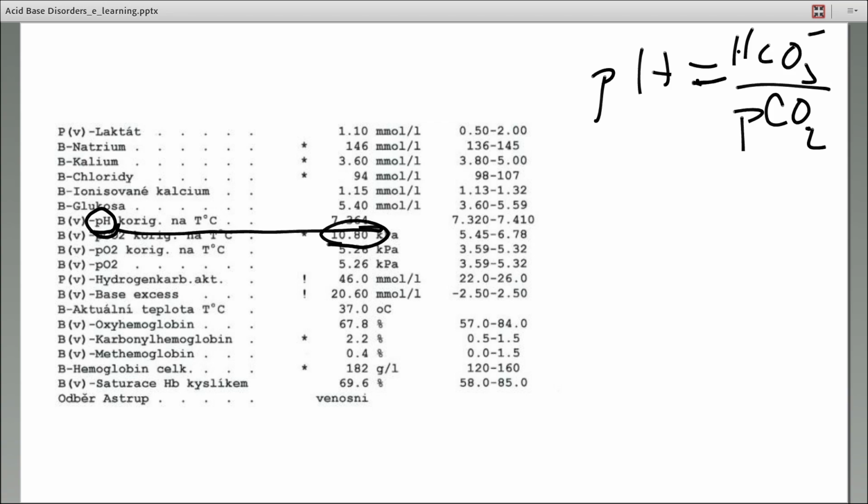So we have normal pH, we have high PCO2, and normally high PCO2 would produce low pH, but in this case, you see that bicarbonate also increases as a compensation, which you may see here, so that it compensates for the increase in PCO2. And therefore the pH remains normal or gets back to normal.